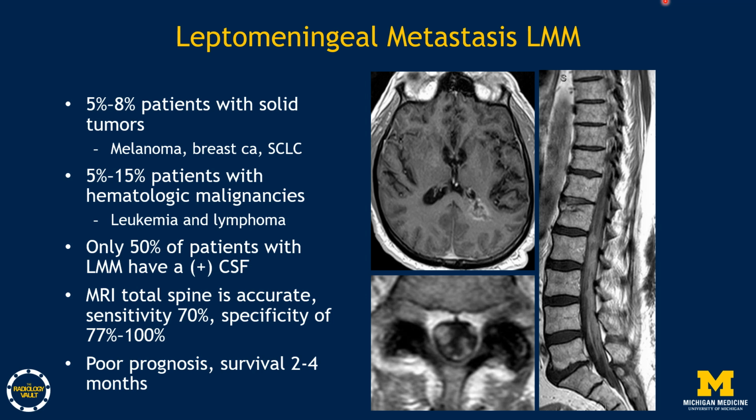Interestingly, only half of patients with leptomeningeal metastasis will have a positive CSF cytology. So when it comes to imaging, MRI of the total spine is considered the most accurate modality, with a sensitivity of 70% and a specificity of 77%. Leptomeningeal metastasis is associated with a poor prognosis.